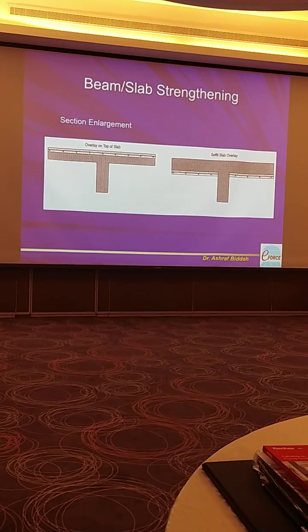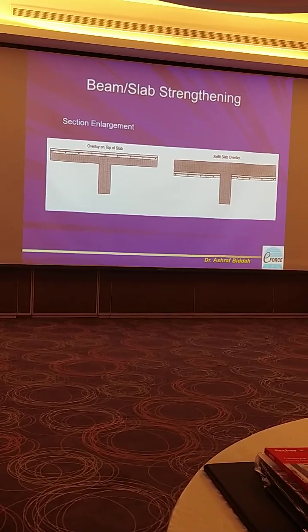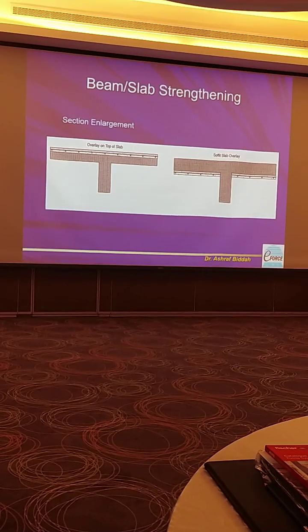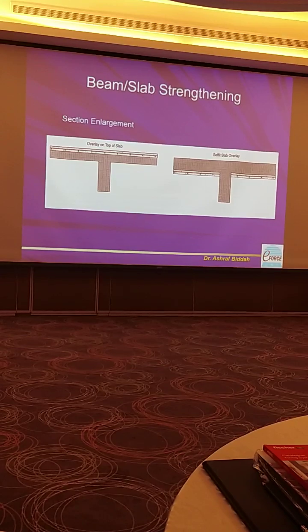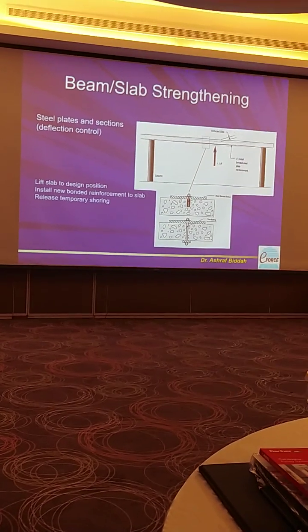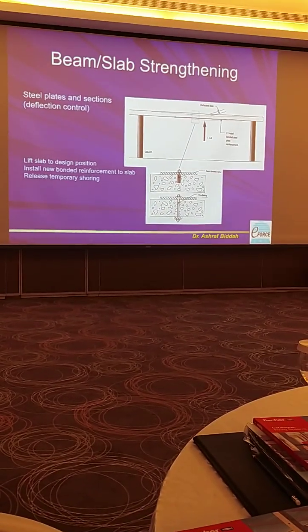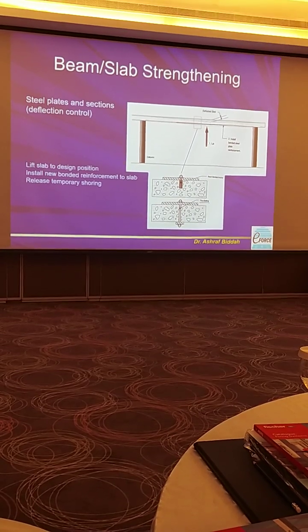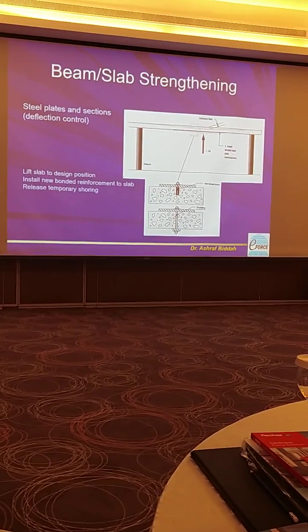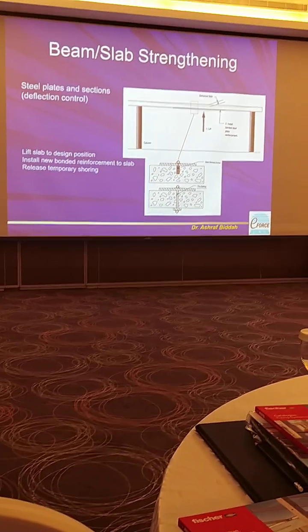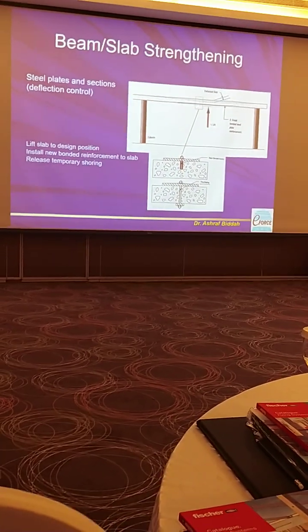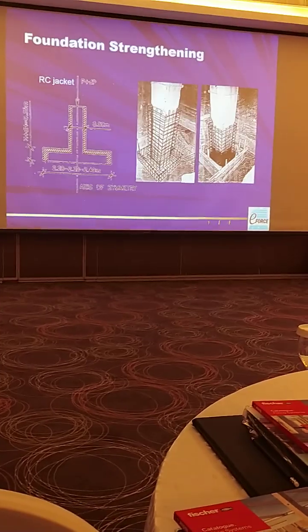Enlargement of slabs can be overlay or enlargement from the bottom. Steel plates can be used like this to enhance the capacity of the structure, either by bolts like this or through bolts.